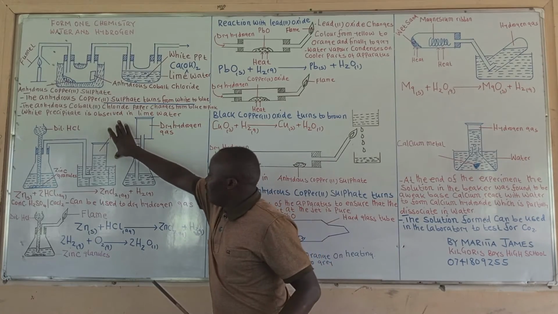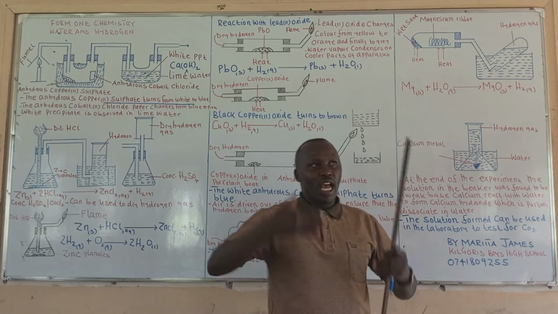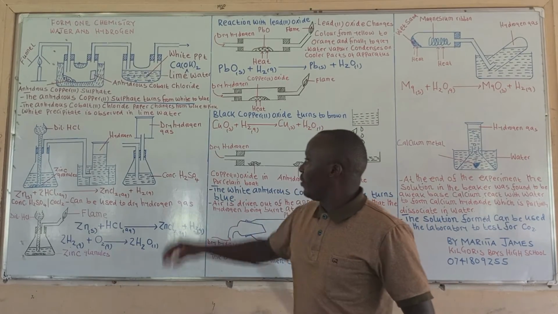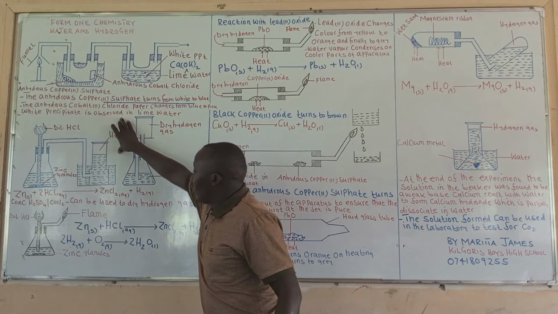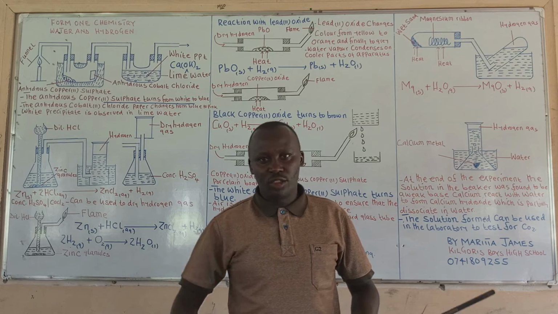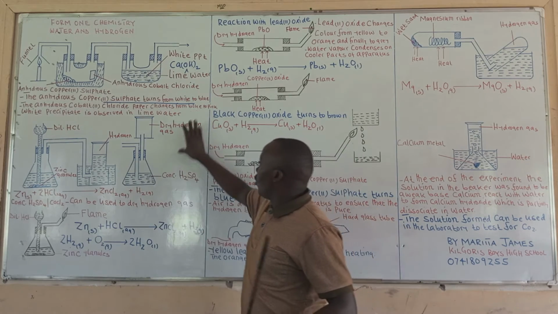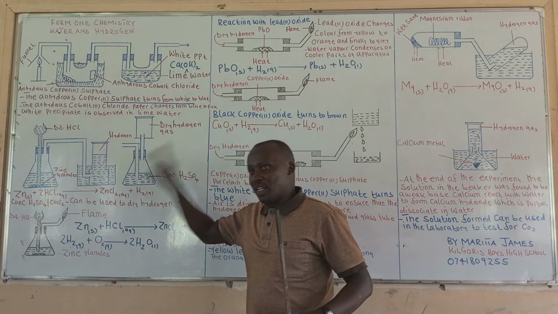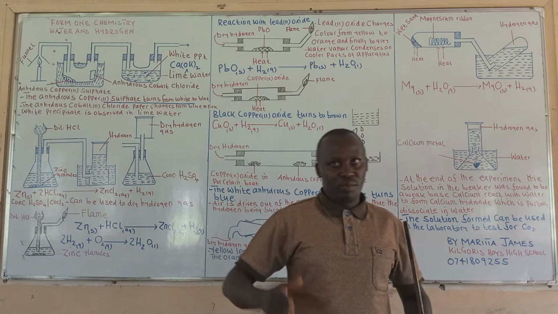The reason why this hydrogen is collected over water is because hydrogen is insoluble in water. That is why we normally collect it over water there. And I've said that if the hydrogen gas is required dry, it is normally collected by the upward delivery method or the downward displacement of air.